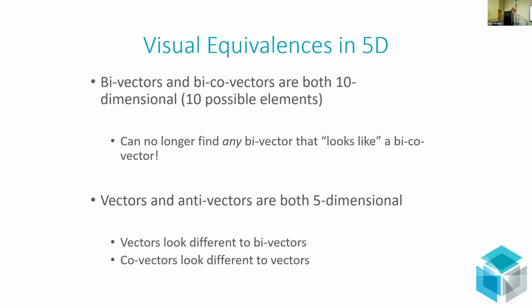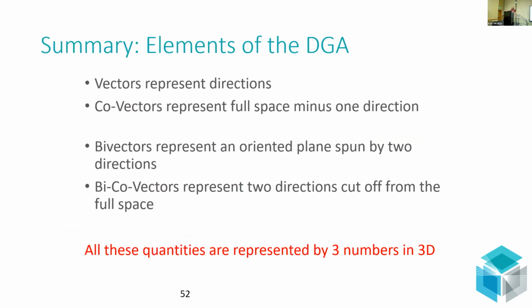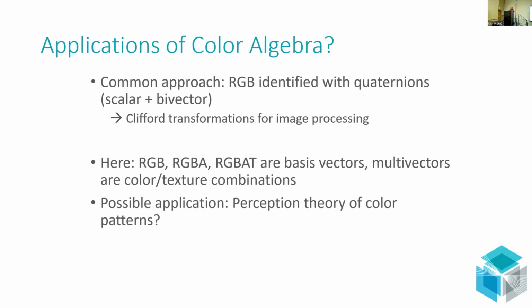Vectors look different to bivectors. The covectors look different to the vectors. And basically here we find that the vectors can represent directions. The covectors represent the full space minus 1 direction. The bivectors represent a plane defined by 2 dimensions, and the bi-covector represents 2 directions cut off from a full space. And all these different kinds of vectors in 3D were always 3-dimensional objects identified with each other. You can't really see that they are different, even though they have different properties. In 5D, it becomes unique.